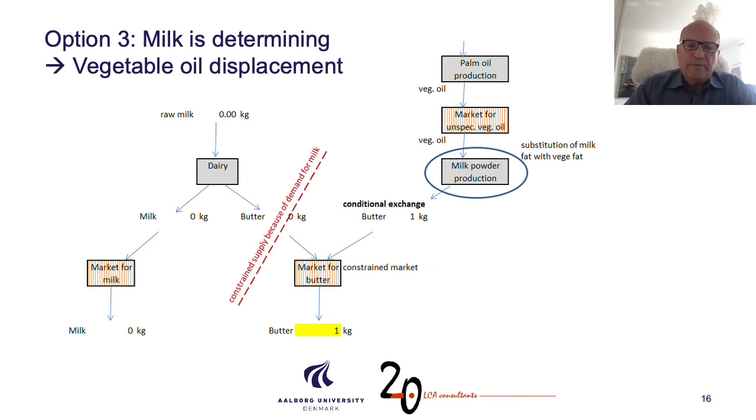This is typically from palm oil on the margin, and that means that essentially additional demand for butter displaces a production, and therefore you will see an induced production of palm oil into the milk production, and thereby liberating the amount of butter fat needed for our demand. So asking for more butter leads to more production of palm oil.